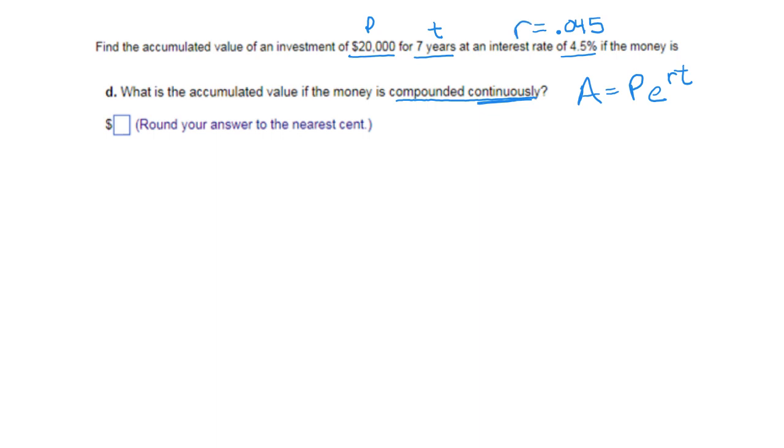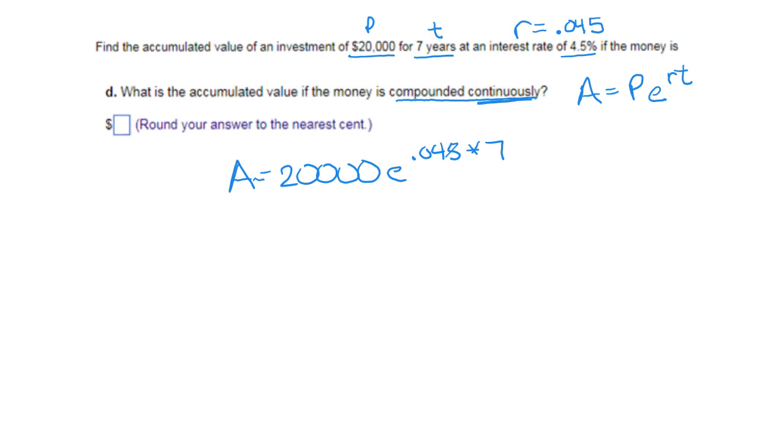So we're going to substitute our values into our formula. We get A is equal to 20,000 times e raised to the r, 45 thousandths, times t, which was 7 years. Once again, you want to be very careful when you place this into your calculator.